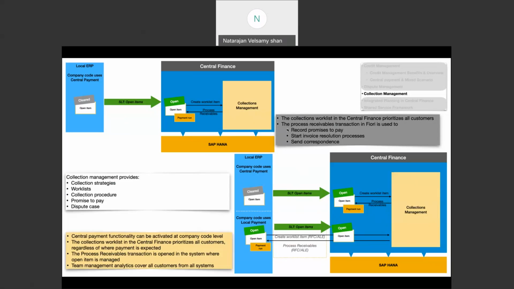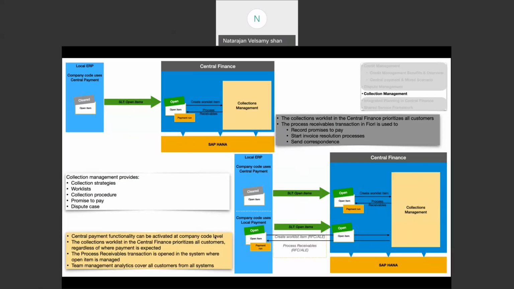The process receivable transaction in Fiori is used to record promise to pay, start invoice resolution process, and send correspondence.